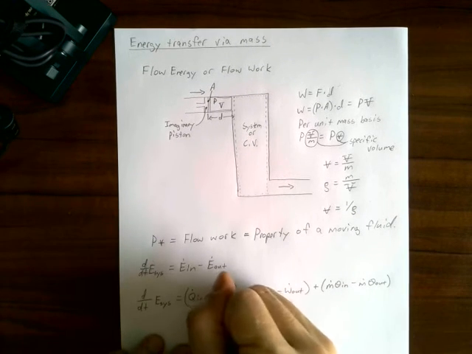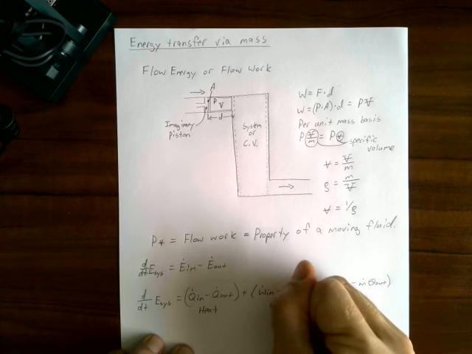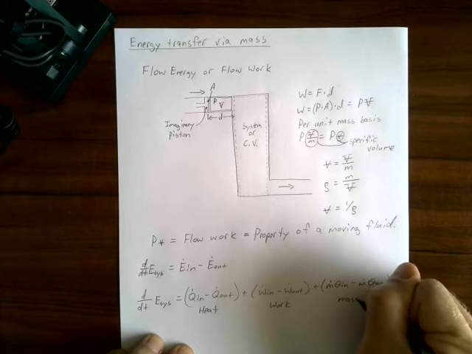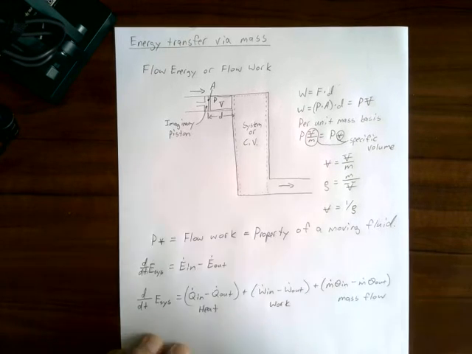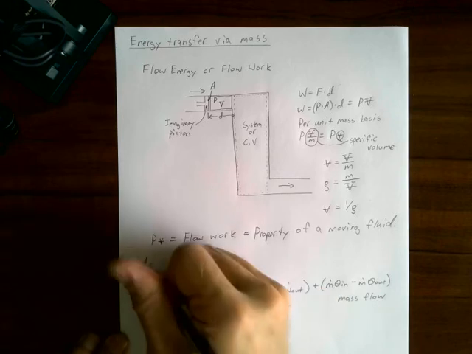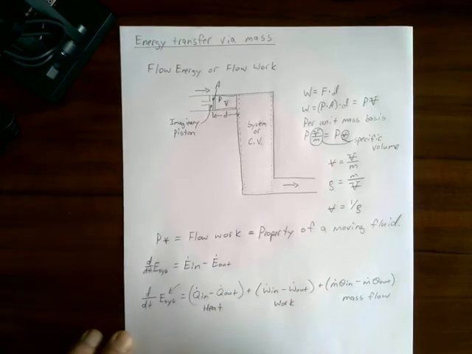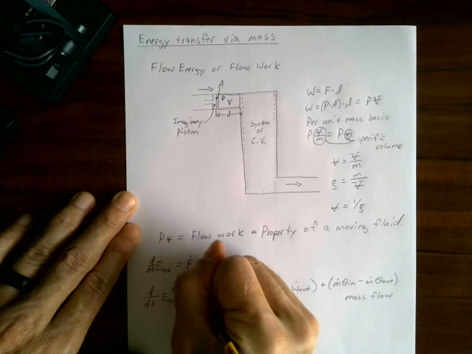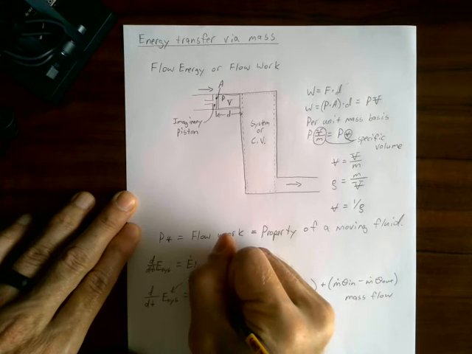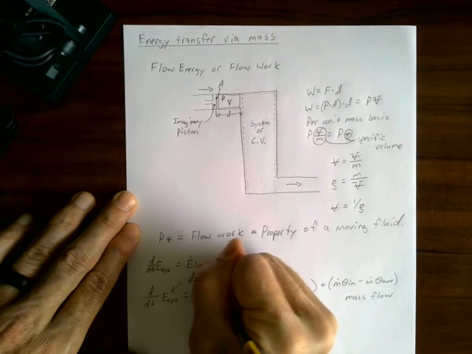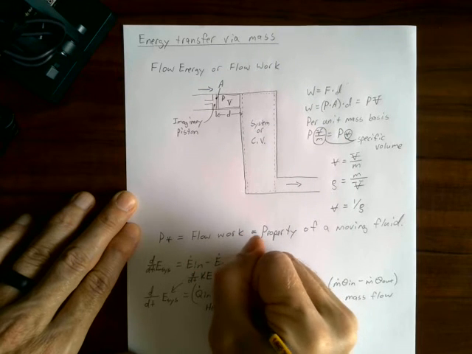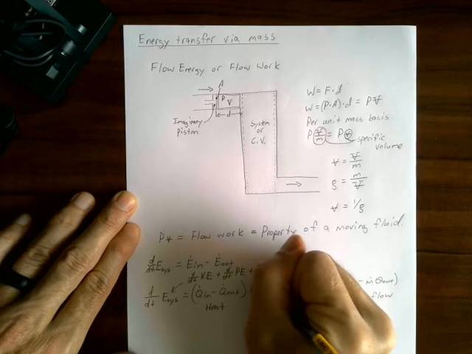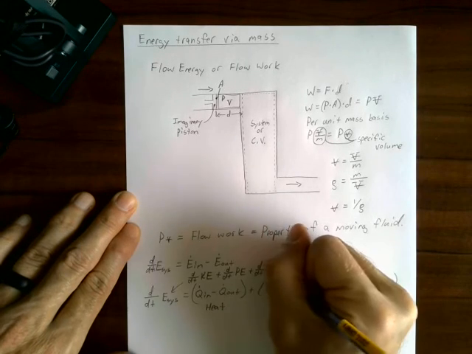So we get heat, work, and mass flow. All right, and then if you want, the rate of change of energy of the system is going to be the same as the rate of change of the kinetic energy plus the rate of change of the potential energy plus the rate of change of the internal energy.